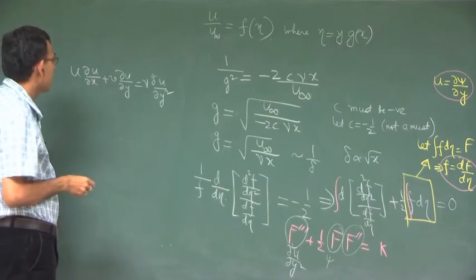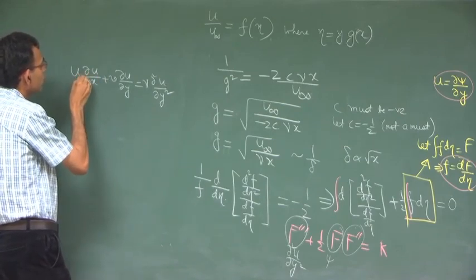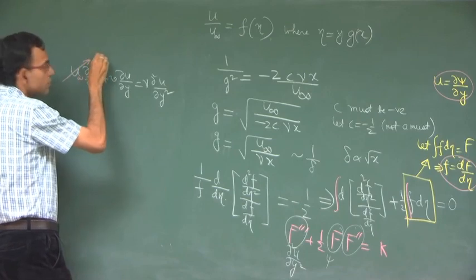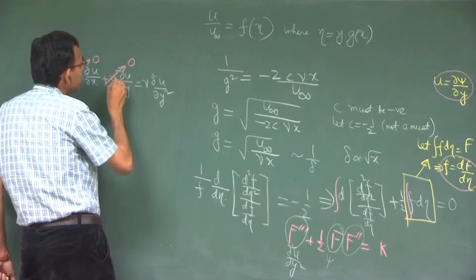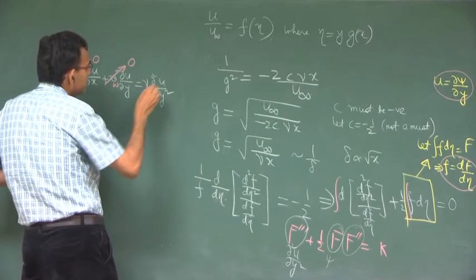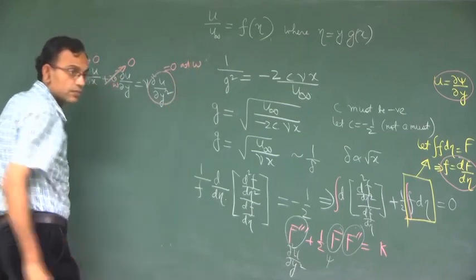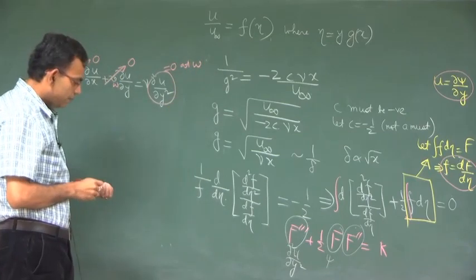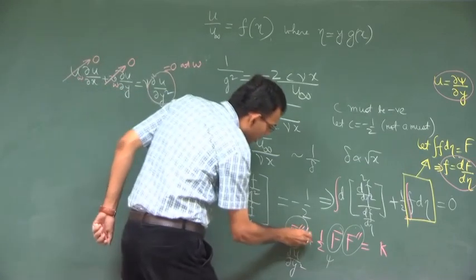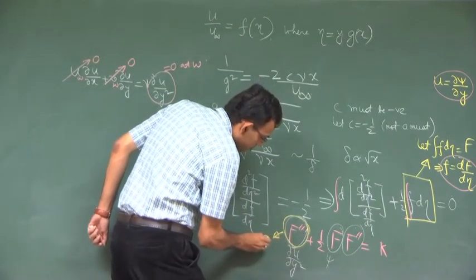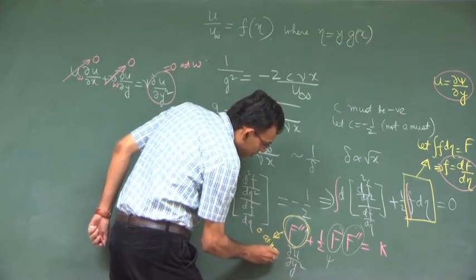At the wall, u wall is 0, no slip, V wall equal to 0, no penetration. This means that this is equal to 0 at wall, right. If this is equal to 0 at wall, that means this is also 0 at wall, 0 at eta equal to 0, which is the wall.